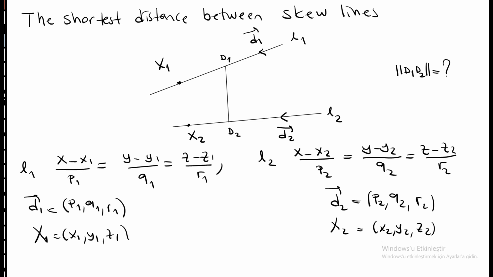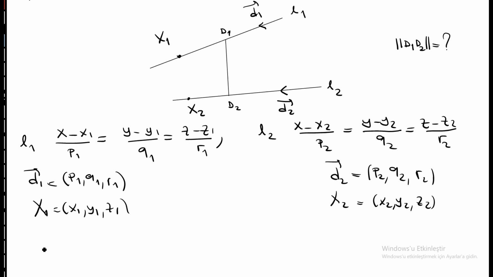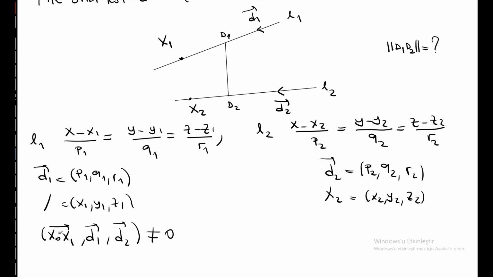So we know that because this is skew, it means you have this one. The mixed product of x sub 0, x1, d1 and d2 is not 0. These mixed products are not 0 because they are skew in the beginning.